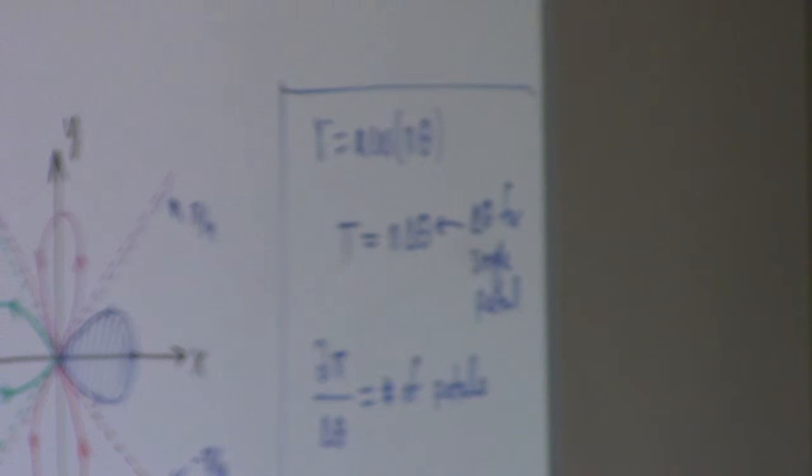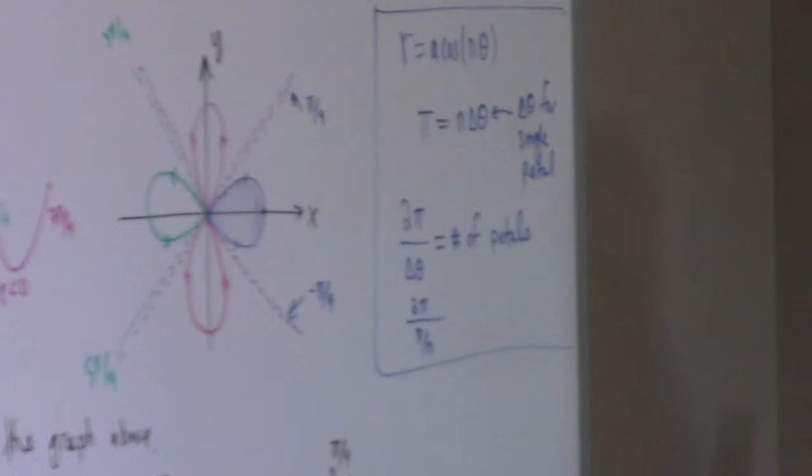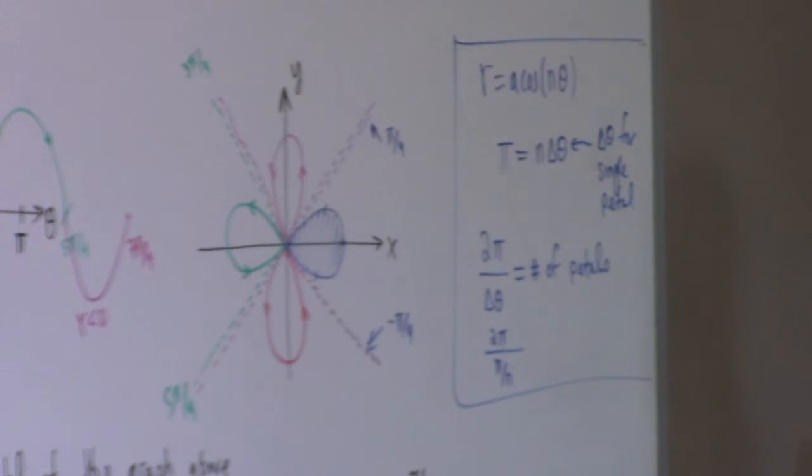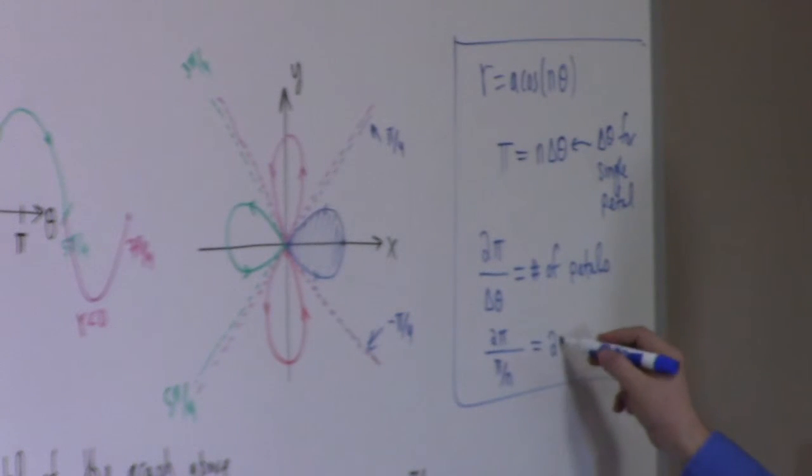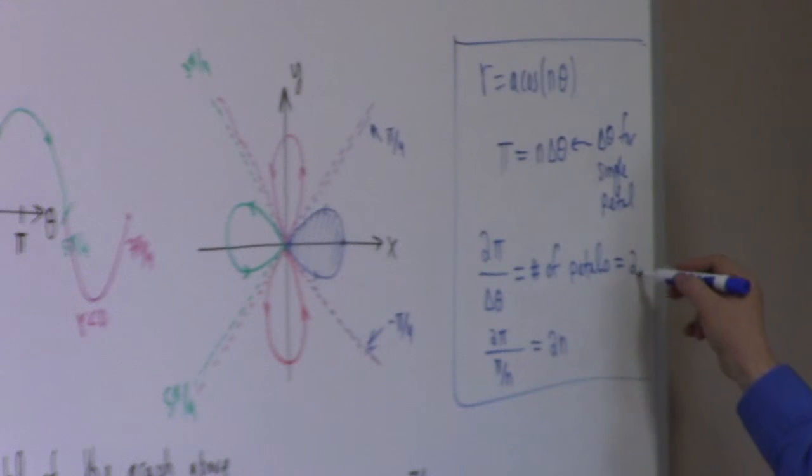So what is that? 2 pi divided by what? Pi over n. Solving this for n, change in theta is pi over n. And that gives you 2n. So the number of petals is 2n.